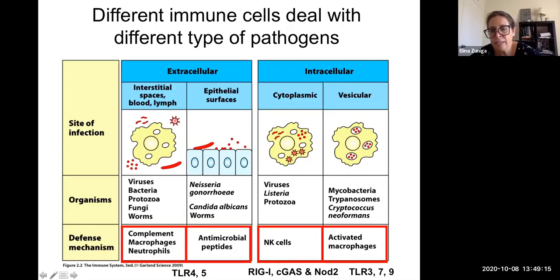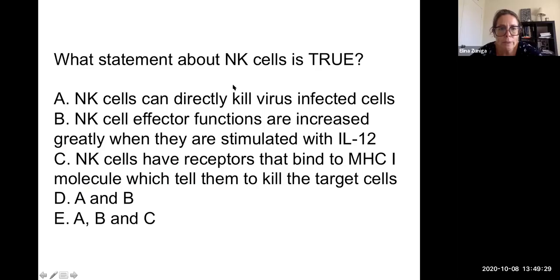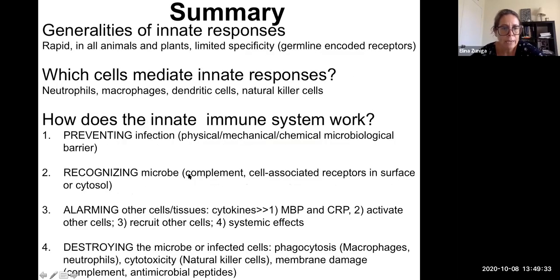And then we learned that some pathogen recognition receptors, like toll-like receptors 3, 7, and 9, are localized in the endosome, and they will recognize vesicular intracellular pathogens. Okay, so we will leave this question as well for the discussion section. Just to summarize, we talked today about the recognition of microbes by cell-associated receptors that are localized on the surface and in the cytosol.